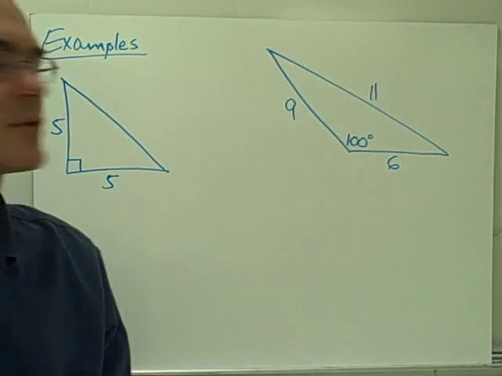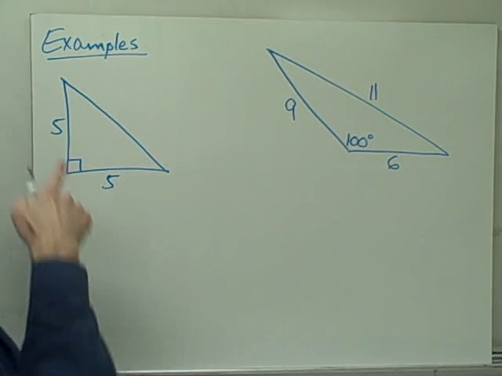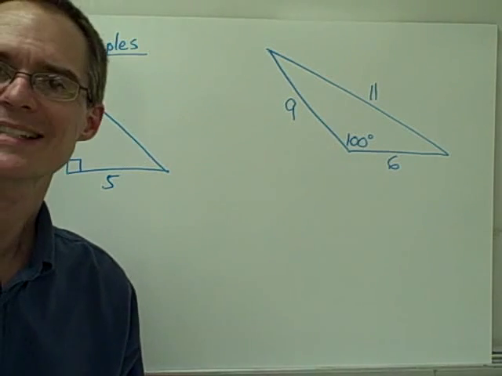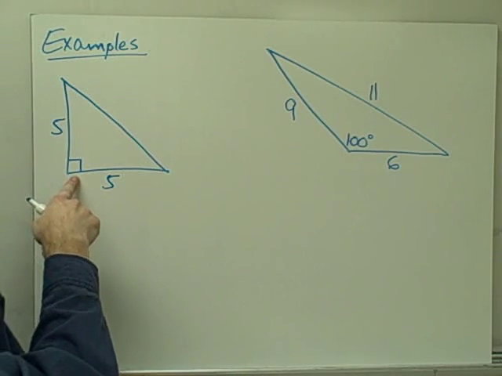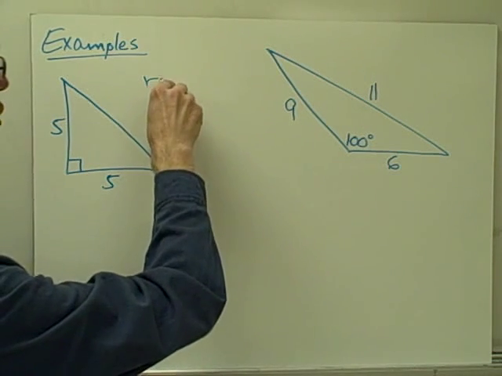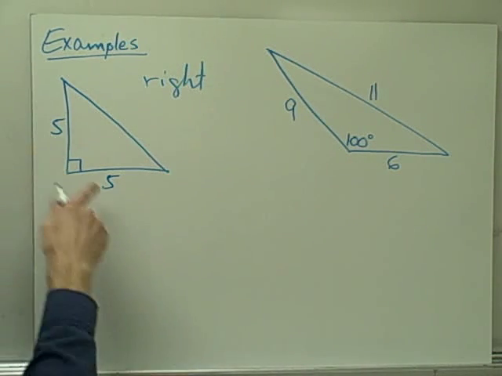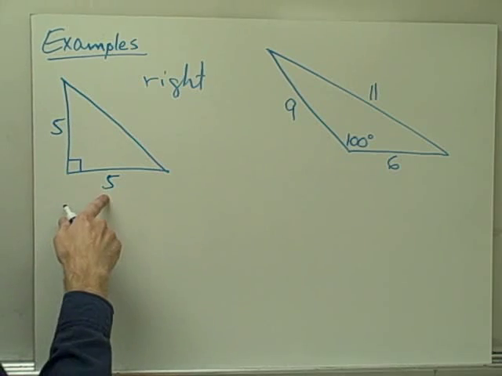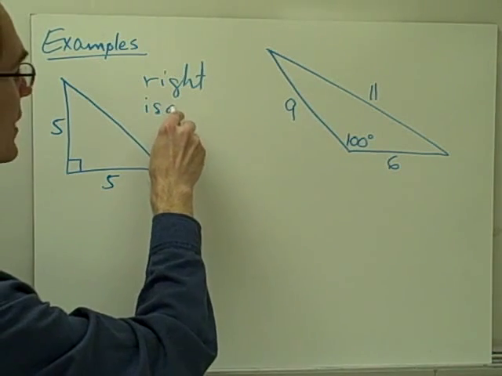Now, a couple other examples of triangle classification. In this example right here, if we want to classify this triangle both by its angles and by its sides, then first off I notice that I have a right angle here, therefore this must be a right triangle. And I also notice that it has two sides that both have the same measure, therefore it must be an isosceles triangle.